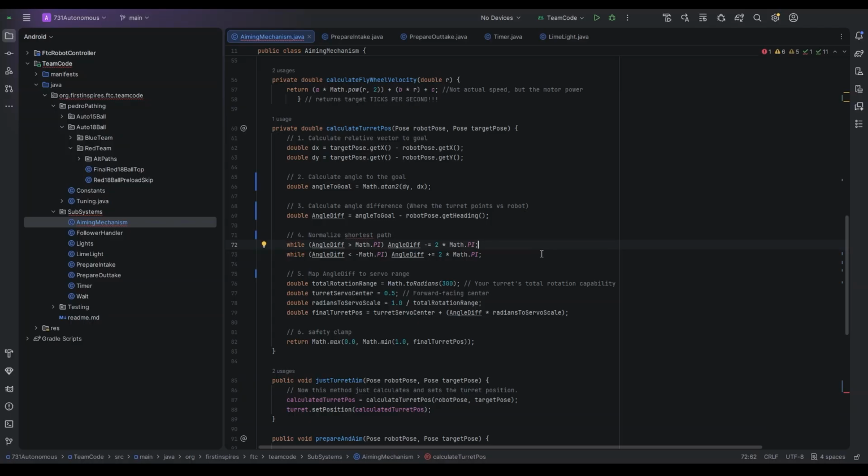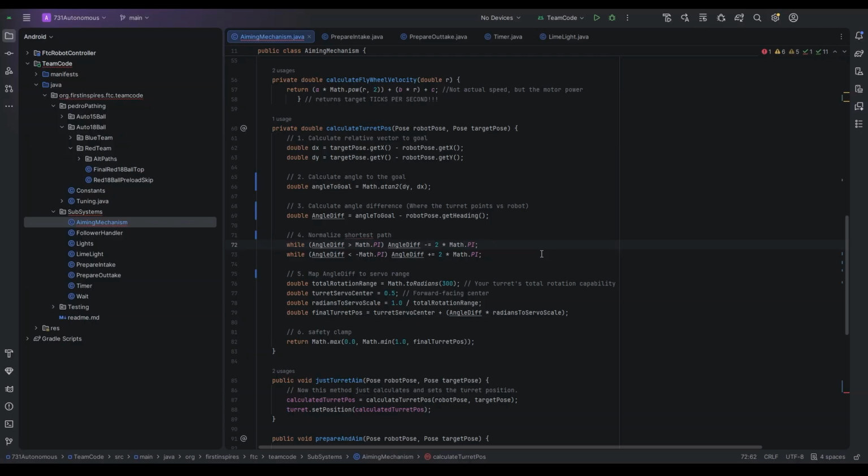If you know a little bit of pre-calculus, or maybe even Math 3, you would know that values from 0 to pi and 0 to negative pi are basically the same thing. You don't want to have excessive values like 3 pi over 4, because that's just saying you're rotating in the opposite direction pi over 2, or in this case, 90 degrees.